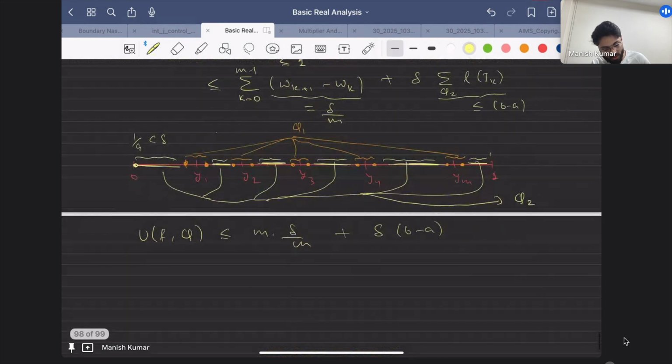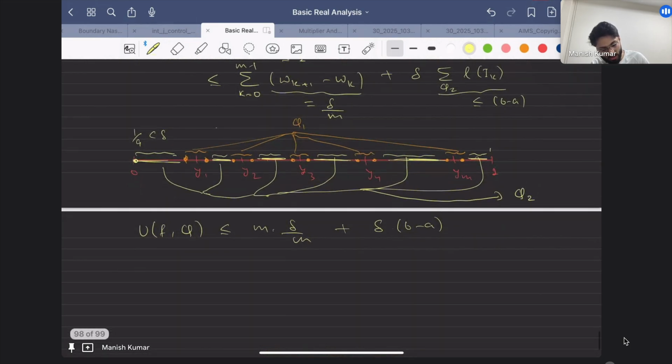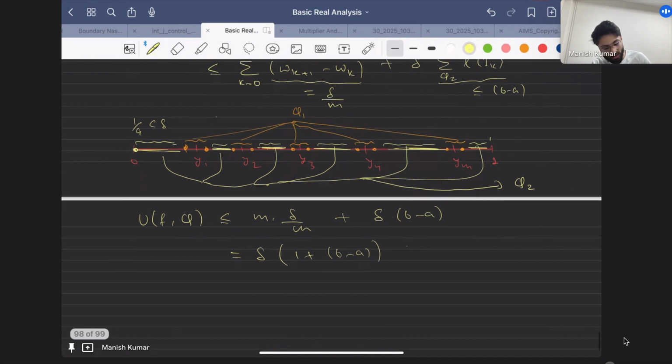Now the question is what is delta? So this is equal to delta 1 plus b minus a. Now our goal is to make this less than epsilon. This is possible if I define my delta to be epsilon by 1 plus b minus a. Or you can take 2 as well if you want. So this would be epsilon by 2, and this is less than epsilon. So this would be the choice of delta that you can make.